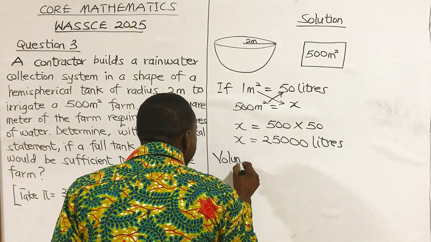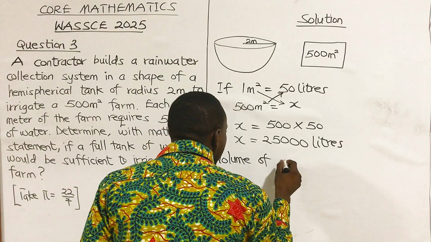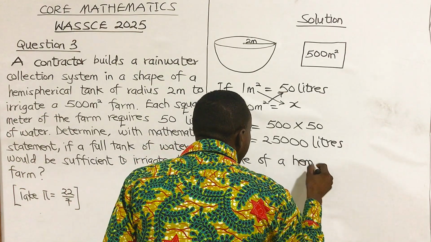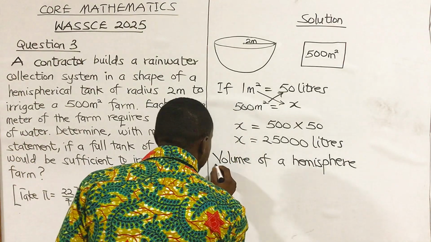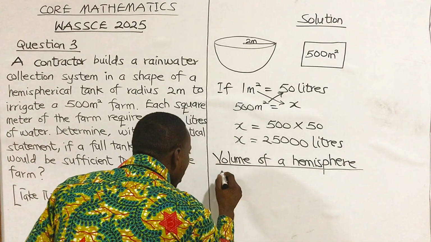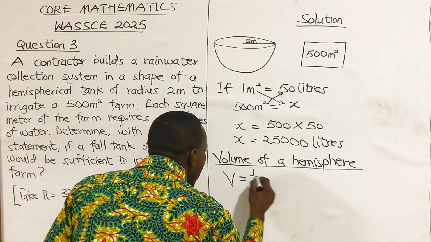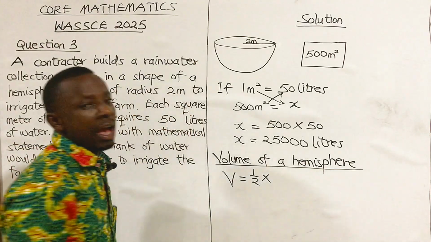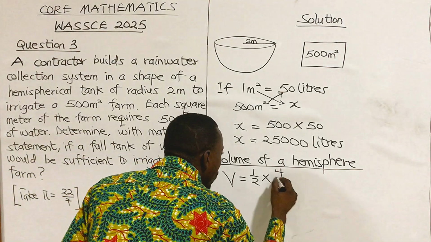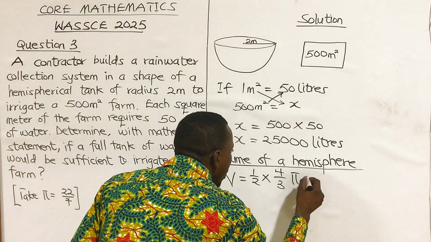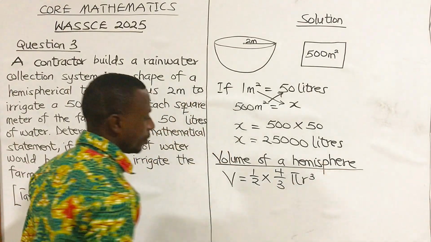Volume of a hemisphere. So we have V equal to half of the volume of a sphere. And the volume of a sphere is 4 over 3 pi r cubed.